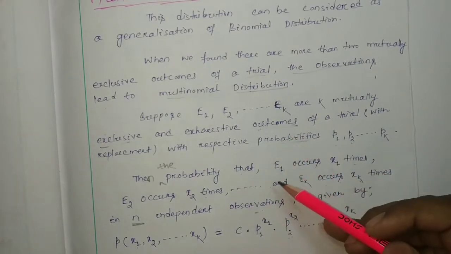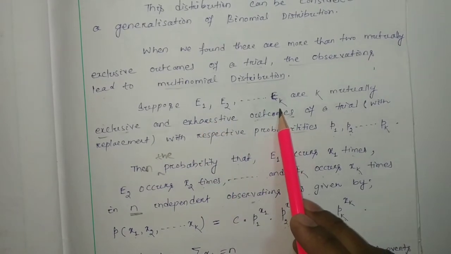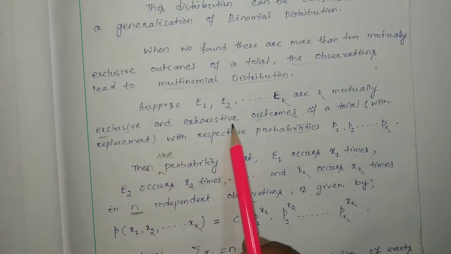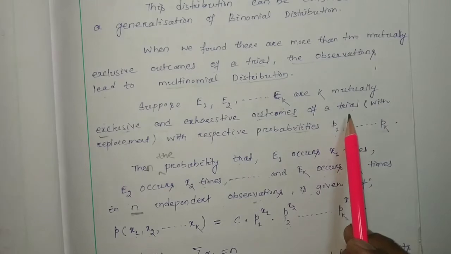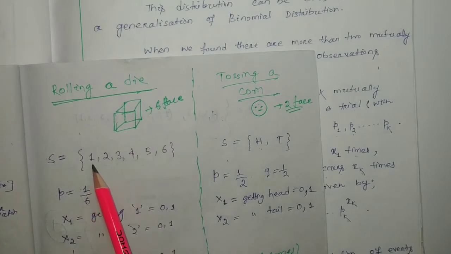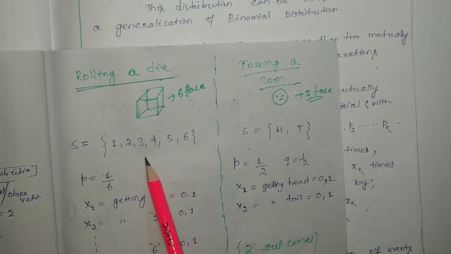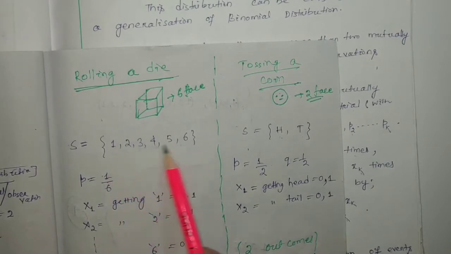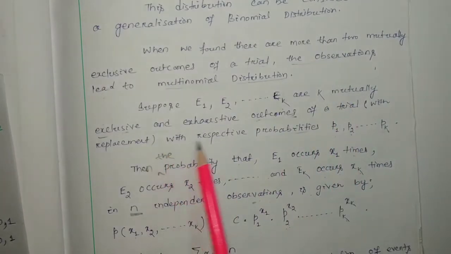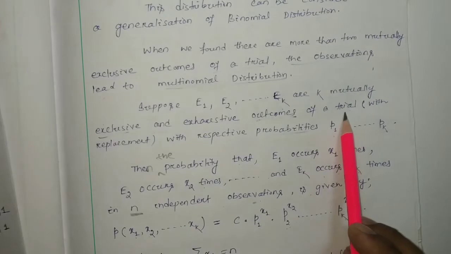Suppose E1, E2, ..., Ek are k mutually exclusive and exhaustive outcomes of a single trial with replacement.